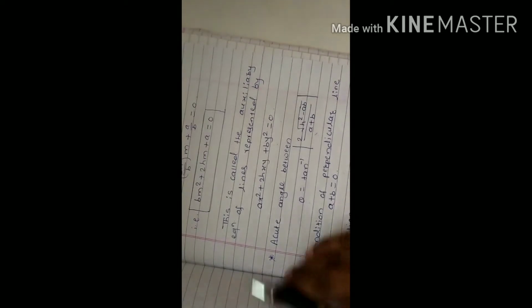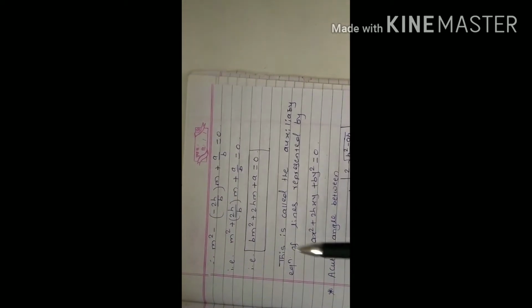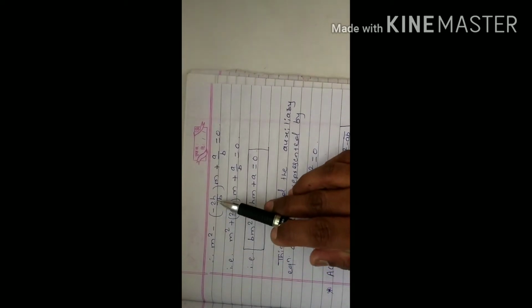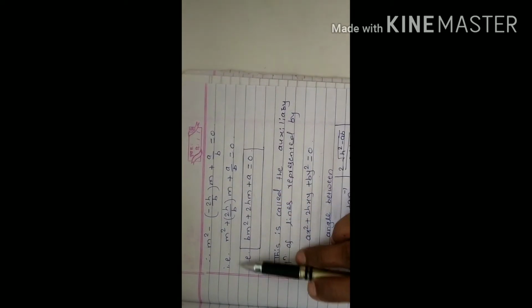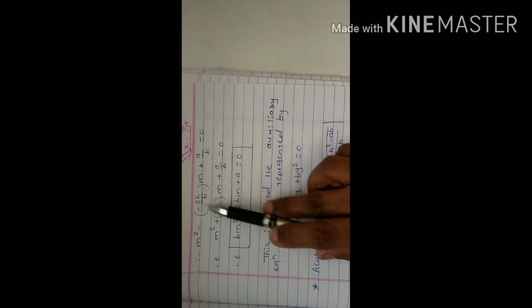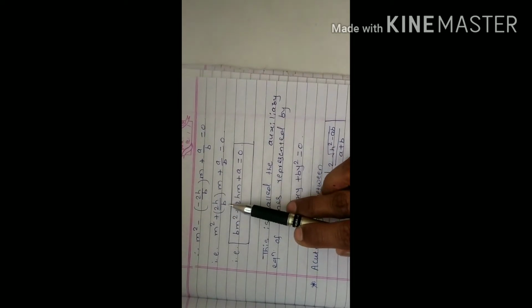Put the values of the slope addition, that is m1 plus m2 is equal to minus 2h divided by b and m1 into m2 is equal to a divided by b in the above equation. We get the equation m square minus 2h divided by b into m plus a divided by b is equal to 0. That is m square plus 2h by b into m plus a by b is equal to 0.